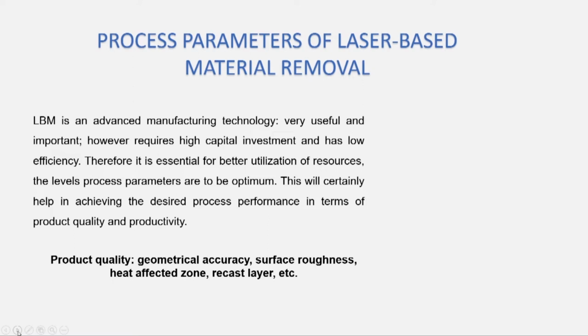Product quality of laser based components includes the geometrical accuracy, the edges of the laser cut parts, then the heat affected zone, which is another important aspect in laser beam processing. Then the dross or the recast layer, the deposition of molten material on the cut surface, is also another important aspect.